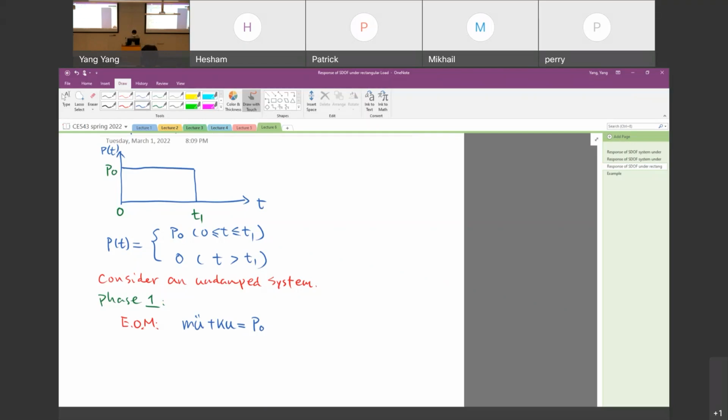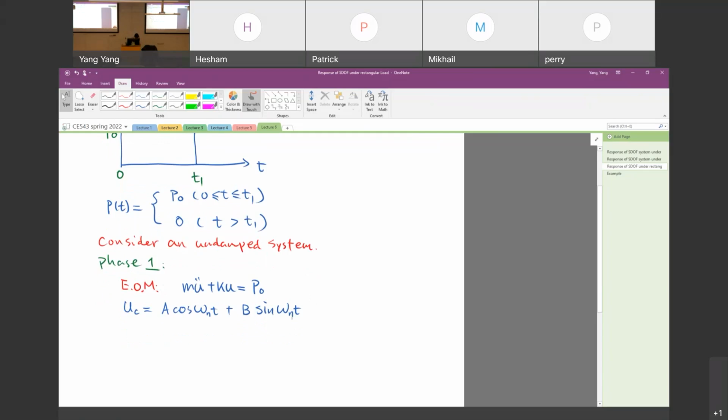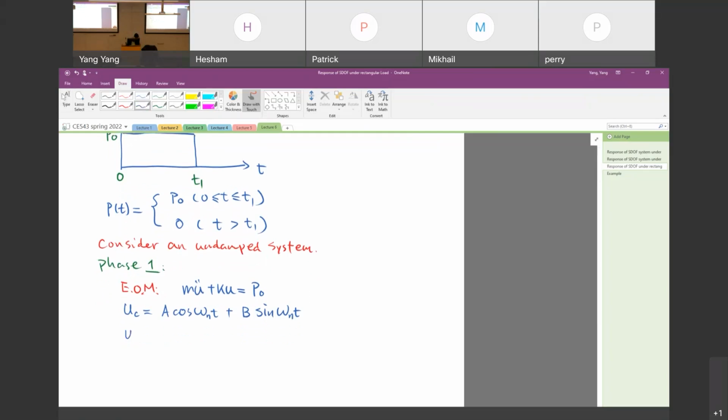Similar to the case where we have the harmonic load, the solution of this equation has two parts. The general part is the complementary solution, A cos ωn t plus B sin ωn t. Then we have a particular solution.